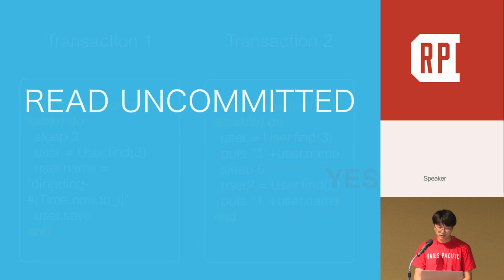So there is another isolation level which is called read uncommitted. Read uncommitted means that the transaction can always read values that are not committed. So the changes are always visible. Back to the example we just showed: no matter whether transaction 1 is committed or not, transaction 2 can always read the value.